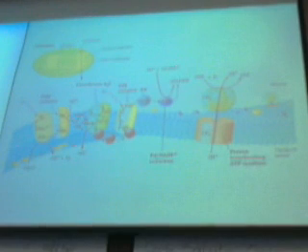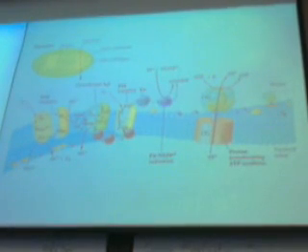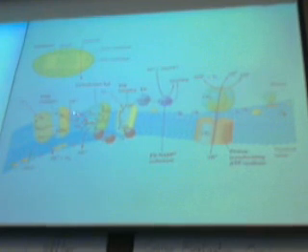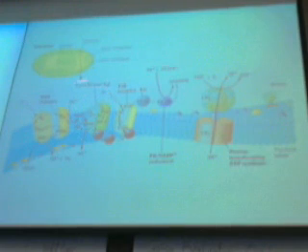And this has a Q cycle exactly analogous to the BC1 Q cycle in the mitochondria. And that pumps protons, and it is carried out by the cytochrome b6f complex. And that complex is completely analogous to the cytochrome BC1 complex we've already studied in the mitochondria.